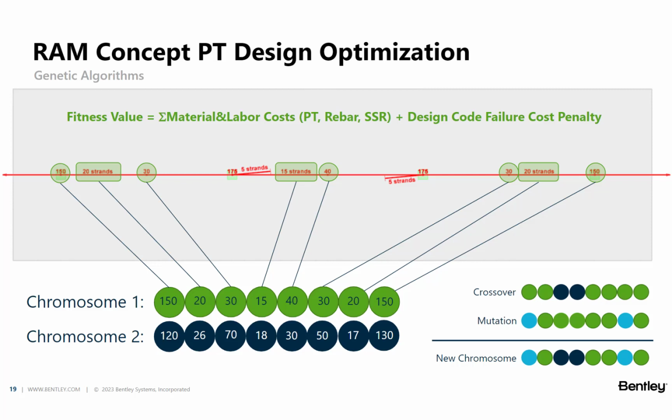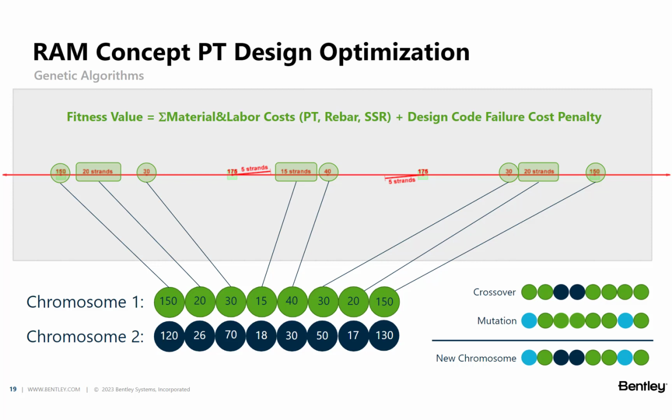They start by describing the problem as a chromosome, which consists of real structural parameters such as number of strands or profile elevations. You can see examples of 2 such chromosomes or trial solutions at the bottom of the screen. Each of those complete sets of chromosomes could then be evaluated or analyzed in RAM Concept to see how good or bad it is.